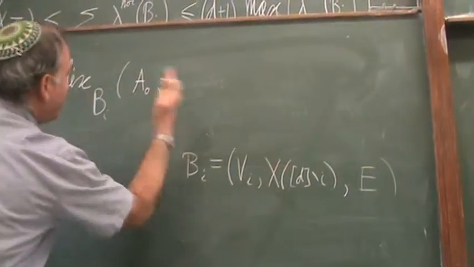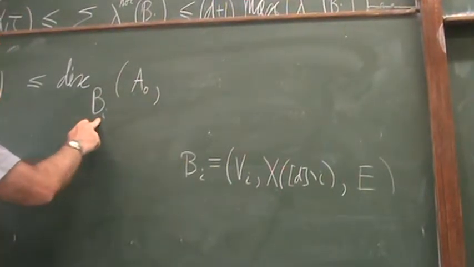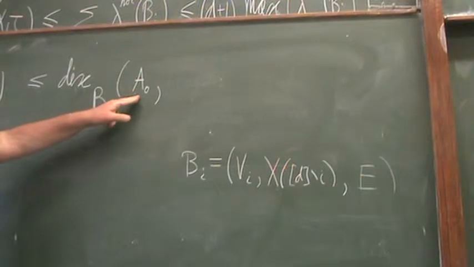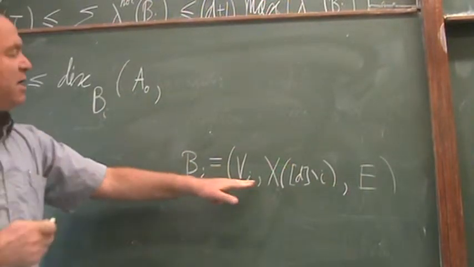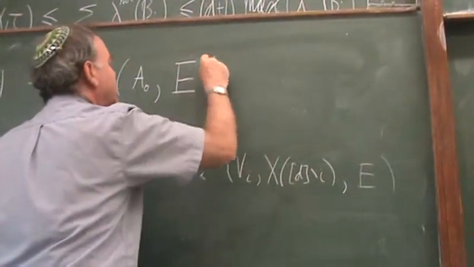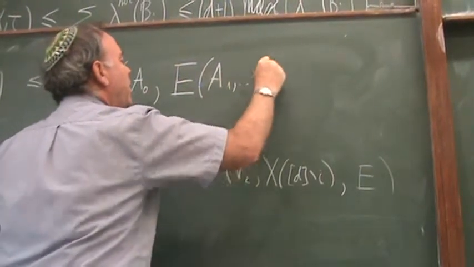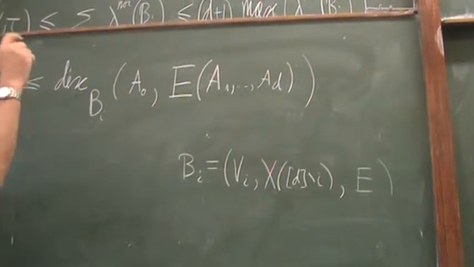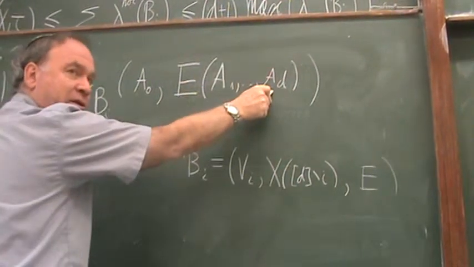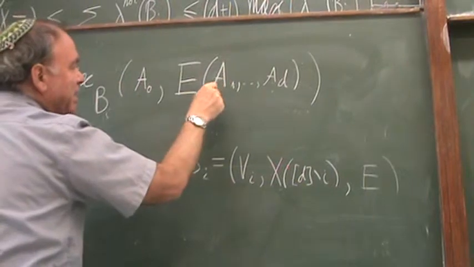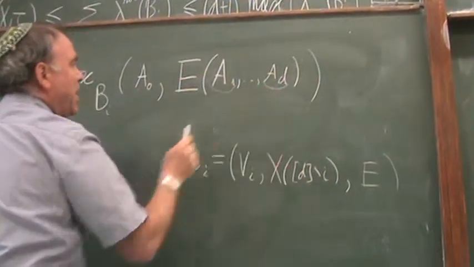Now I have to put on the other side, now I'm talking about discrepancy in a bipartite graph. In a bipartite graph, I have only two sets that should be put. On one side, I have to put a set in VI. In the other side, I have to put a subset of this. The subset of this will be all the walls of A1 up to AD. So I take the walls of type A1 up to AD, namely all the walls without 0, but such that the vertices inside them are in A1 up to AD.